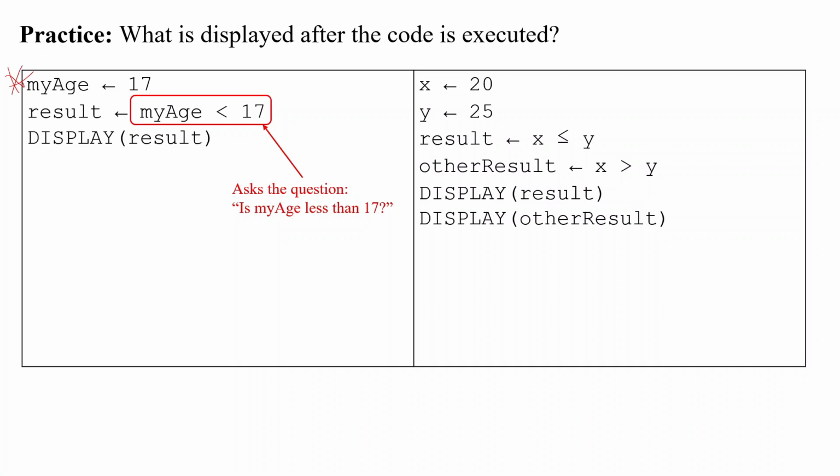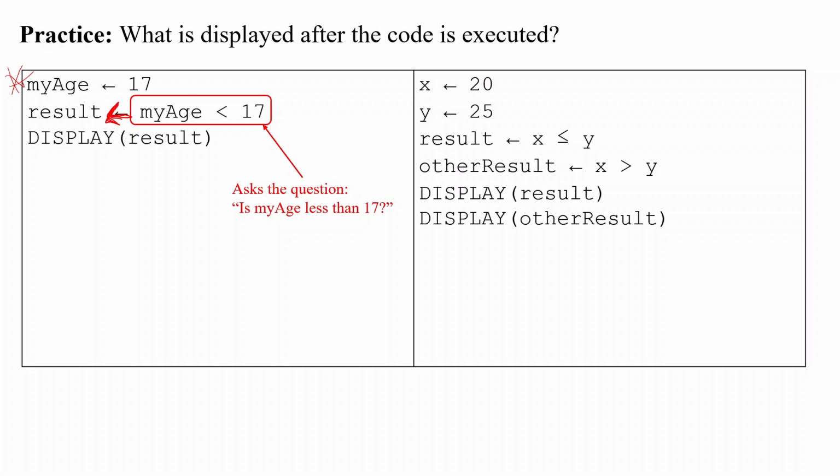And then my next line of code says result gets the value of my age less than 17. Now, when you start having expressions in your code, the expression on the right is always evaluated first. And then that result gets stored into the variable on the left, right? So that's what that arrow means in the pseudocode. It gets stored into that value.